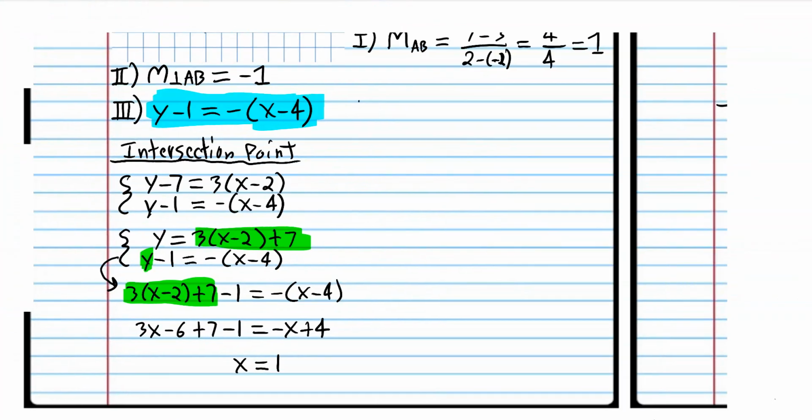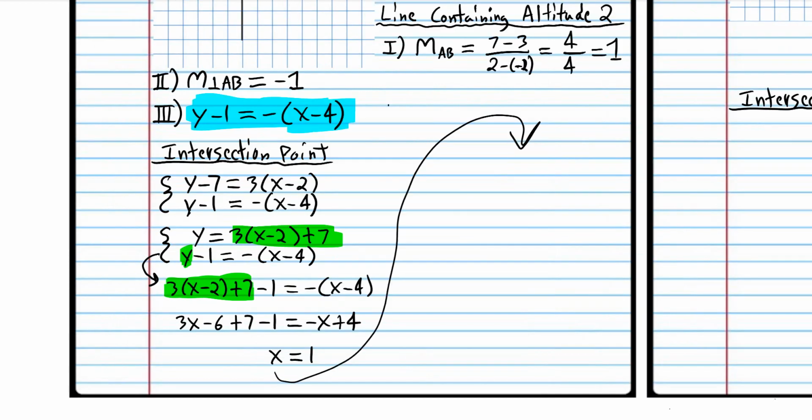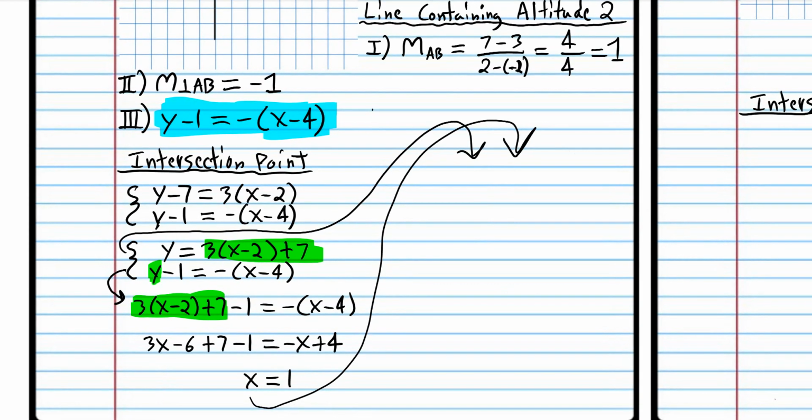So then we need to find the y value. So we're going to go up here, and I'm going to take the equation where y is solved for and rewrite it just like we did in the previous class.